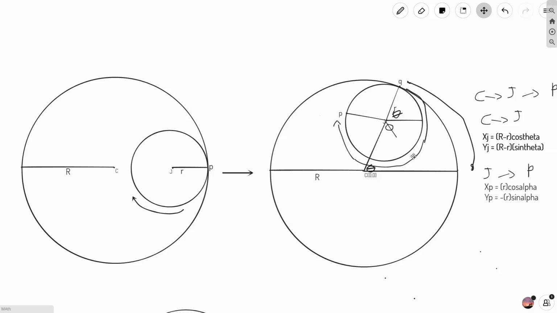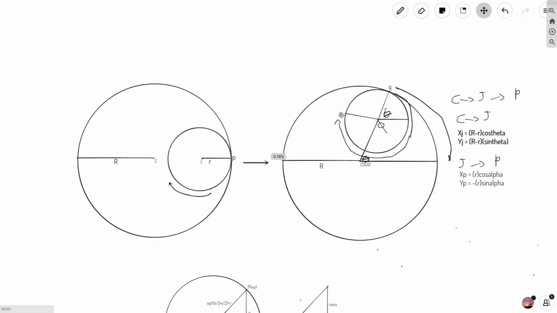This arc represents the distance covered as P rotates around the smaller circle as the smaller circle rolls around the interior of the bigger circle. Now this distance covered just represents how far it traveled around the bigger circle, which basically means that this distance and this distance are the exact same.